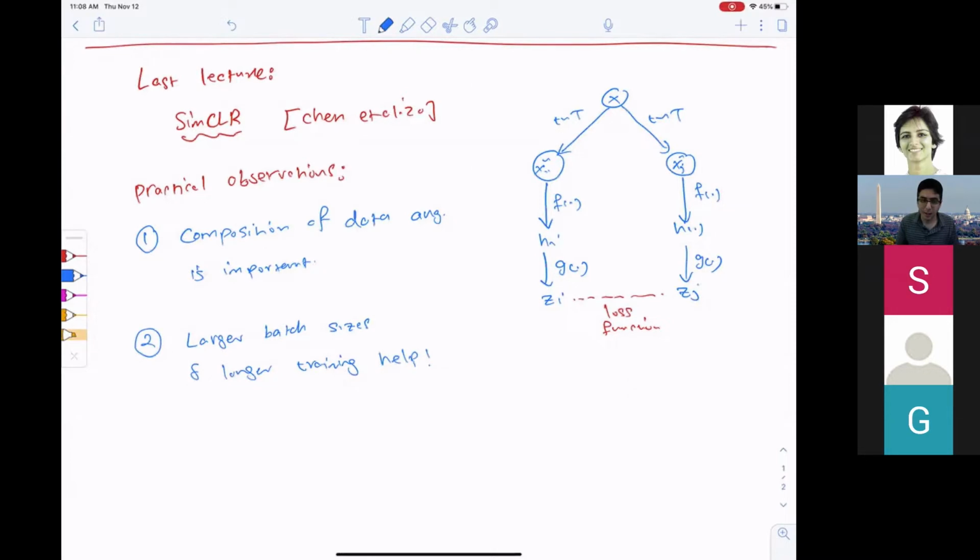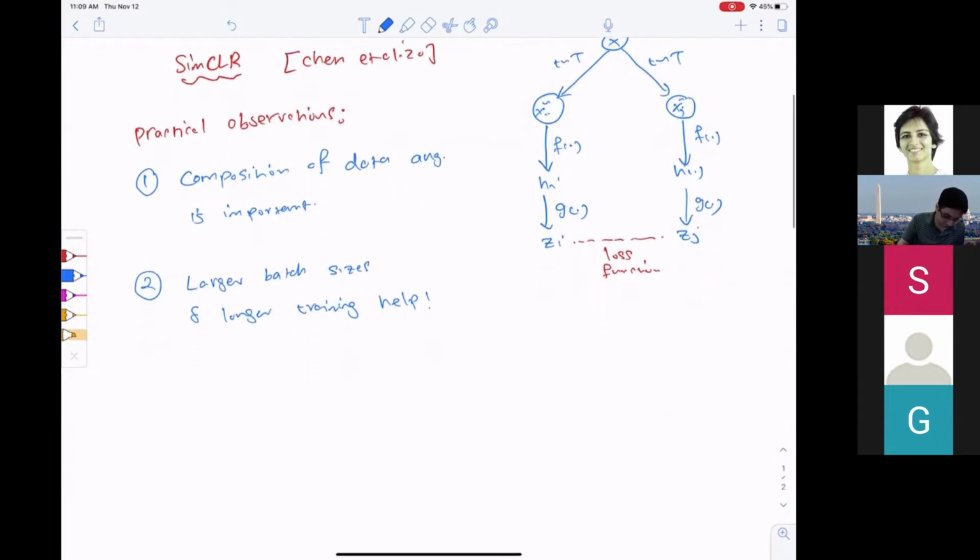So here in self-supervised learning, remember, when we are randomly selecting some negative samples, some dissimilar samples, we are doing it from the batch. And we want to have small collision probabilities: if your samples are from the same class, we don't want to randomly select those samples as dissimilar, and that can hinder your performance. So that's one reason that larger batch sizes help in self-supervised learning, and they empirically observe if they let it run for a longer time, it also helps.